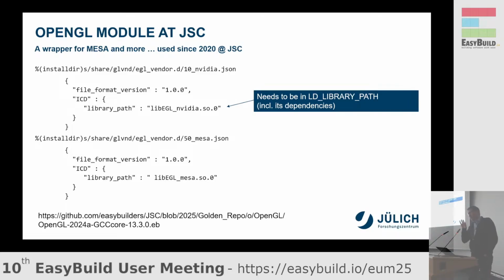So perhaps I can already come to one of the issues on our side. We have installed the NVIDIA driver on system level. There was an NVIDIA driver module in the past, but as it needs to be in sync with the driver you install, it was always an issue. So it's now installed on system level, and therefore just having libEGL_nvidia.so.0 in that JSON file will always mean you find that library, because it's on system level.